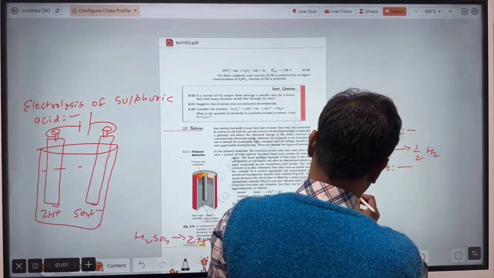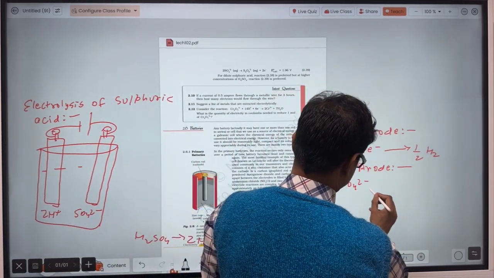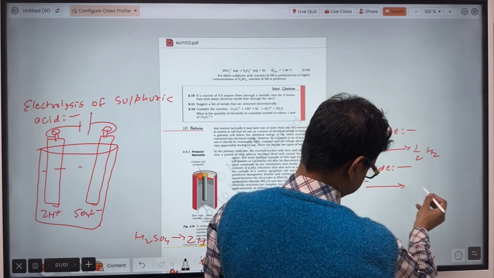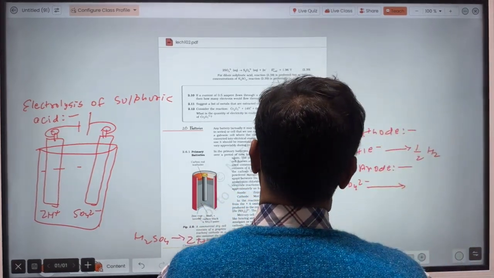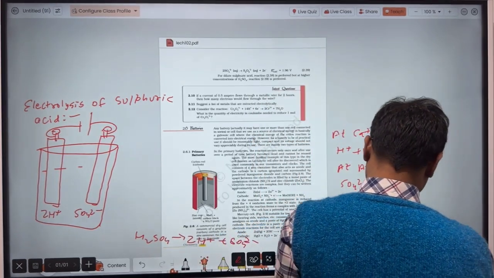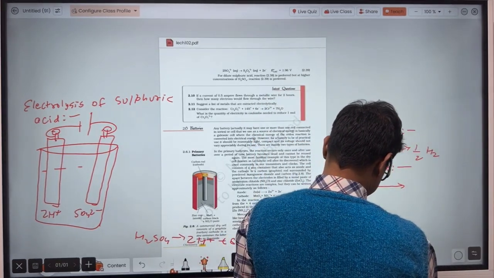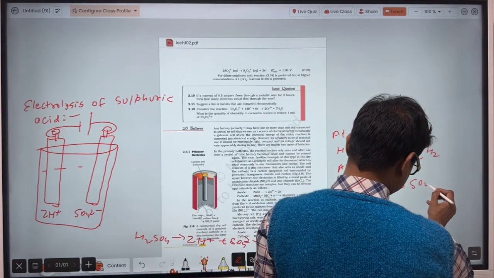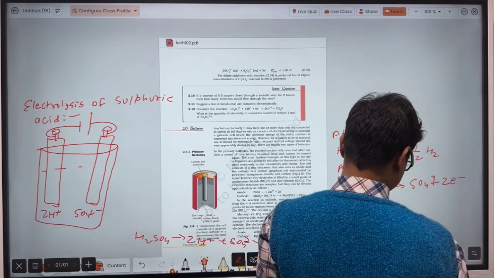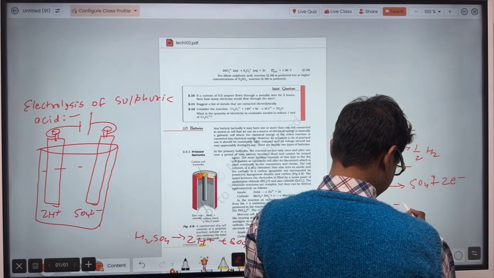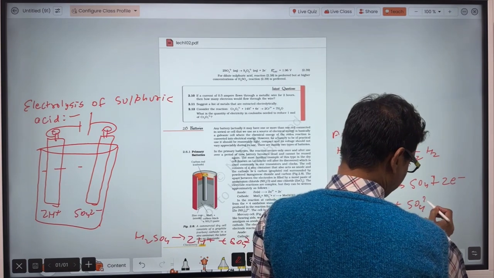At the anode, what happens? The SO4 2 minus will lose the electron. This SO4 will combine with another SO4 2 minus.